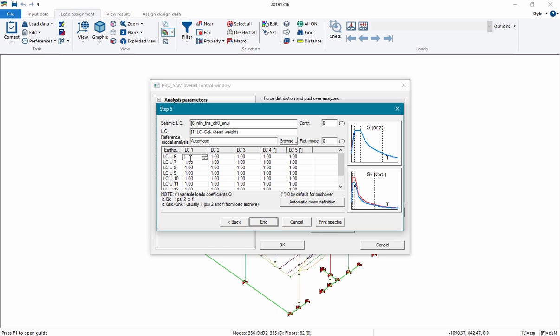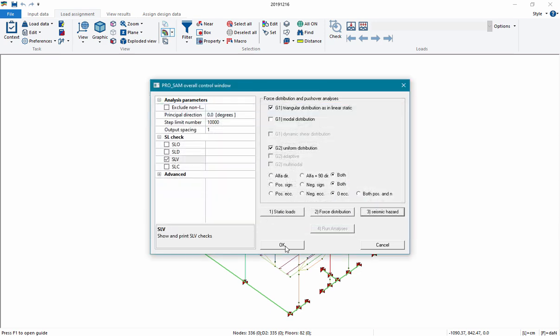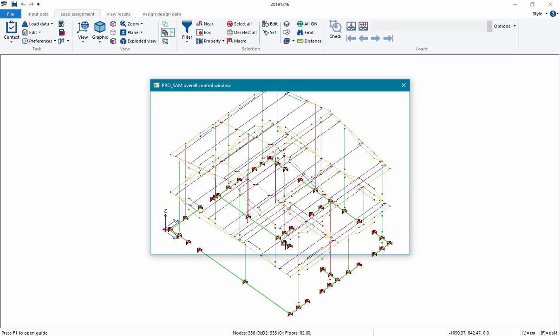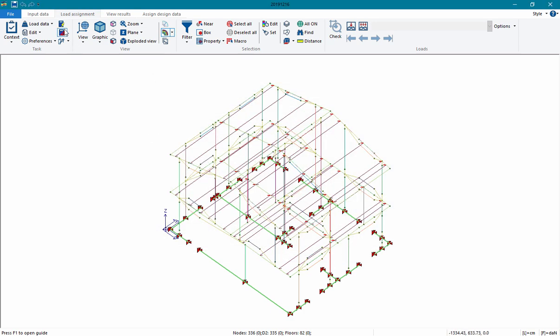So we have one for dead loads, the self-weight of the structure, dead loads of floors and roof, and we have this code for live loads because the program automatically reads the factor from the archive of floors. Then we can click on OK to close this window, and on this command to run linear analysis.